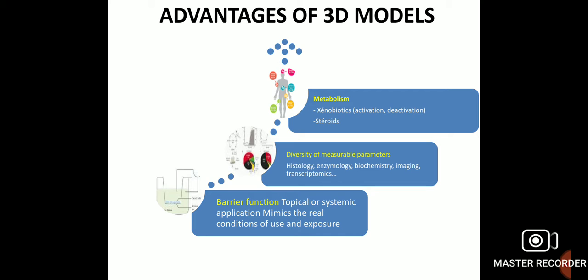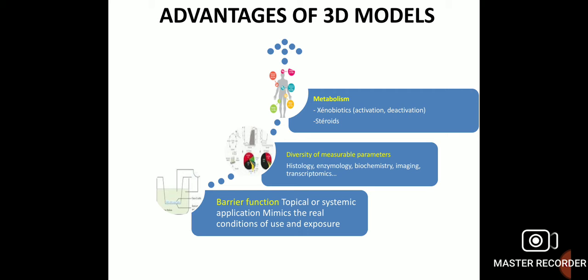So what are the advantages of 3D models? Metabolism is one of the advantages, because you can add xenobiotic activators or deactivators, or in other words, enzyme inducers or inhibitors, so that you can control metabolism.